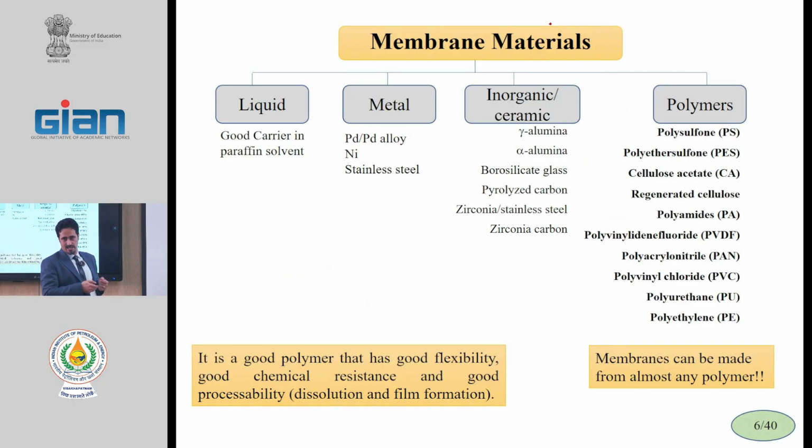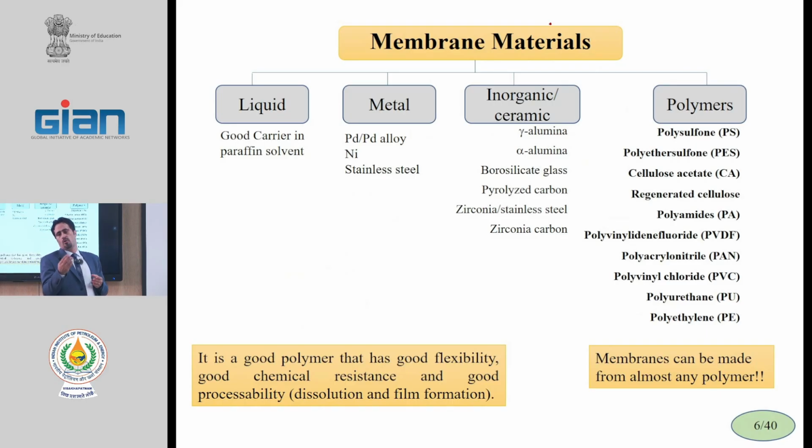Amorphous, not crystalline. The crystalline polymers are brittle, and we cannot use them, and the molecular weight of the polymers should be high. In some research, one researcher told me that I have now synthesized a novel polymer, and can you prepare a membrane?